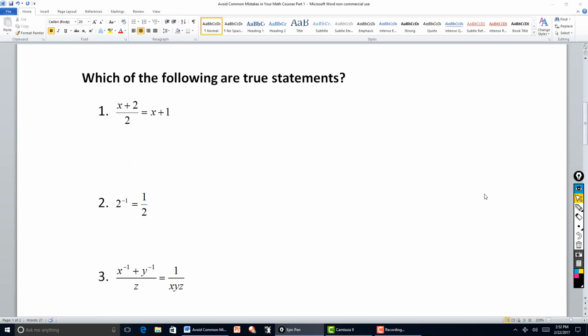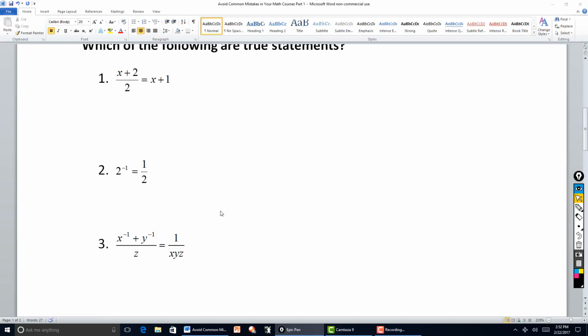Okay, let's go to the next one. If you look at number 2, if you have 2 to the negative 1, that's 1 over 2, which is true. 3 to the negative 1 is 1 over 3. 4 to the negative 1 is 1 over 4. So you get the idea: if it's got a negative, we can just take it to the denominator and put a 1 on top, and that takes care of it.